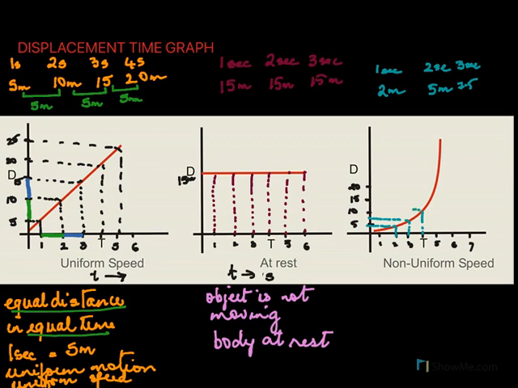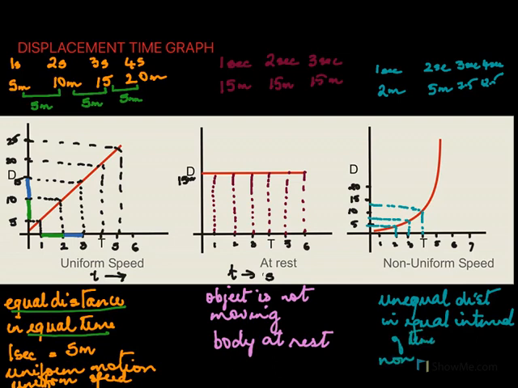At 4 seconds, it is somewhere at 12.5, and it goes on. Here if you calculate, you will find as the time increases, the object is covering more and more distance. So it is covering unequal distance in equal intervals of time.